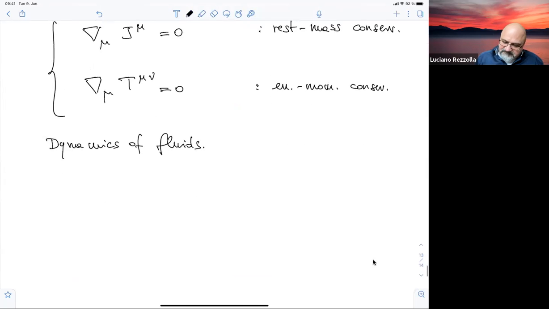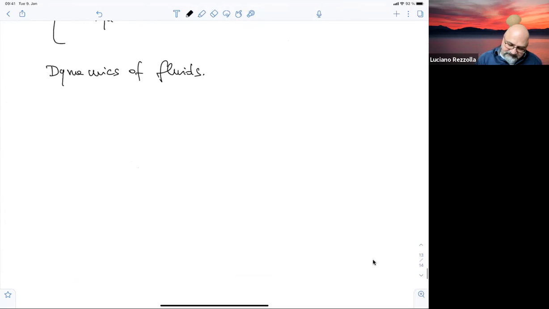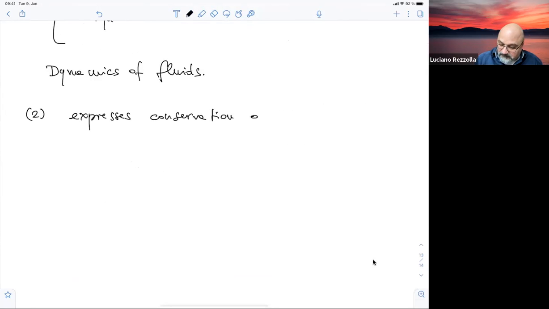Let me now number these equations, 1, 2. Equation 2 expresses conservation of energy and momentum. These are 4 equations.